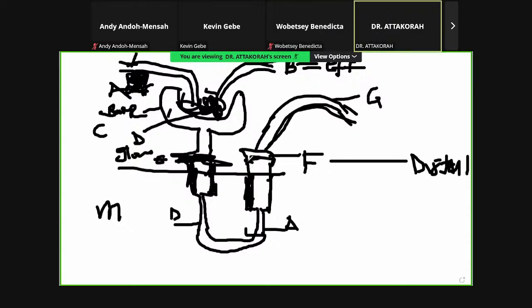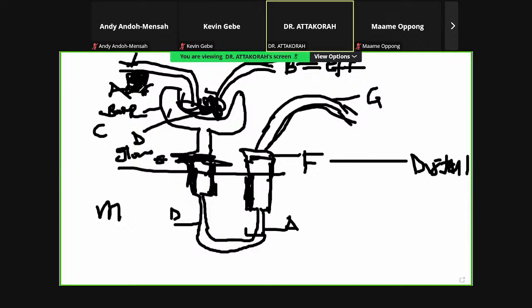Okay. So I'm going to say certain things. I'm going to ask you questions. There's a structure beneath the afferent artery. This is a rough sketch.